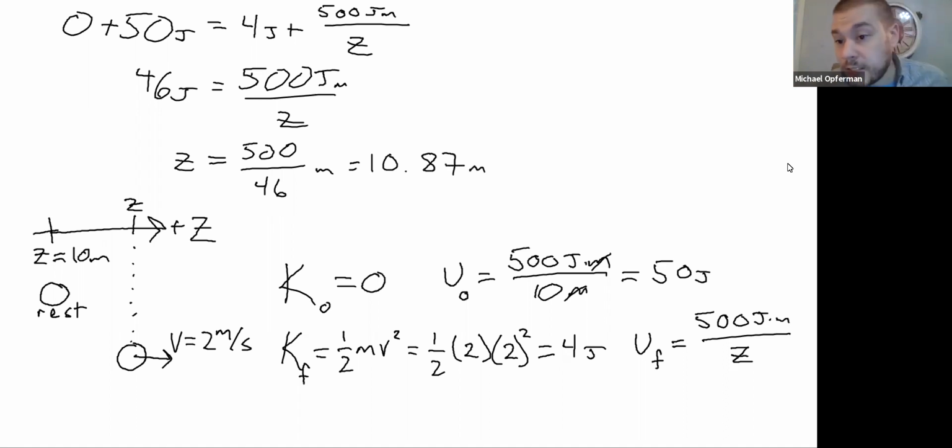And you'll notice, as expected, I got an answer higher than 10 meters. I was expecting that it was moving in the positive z direction, and my quantitative answer does confirm that. So the object moved by 0.87 meters in the positive z direction is my final conclusion.